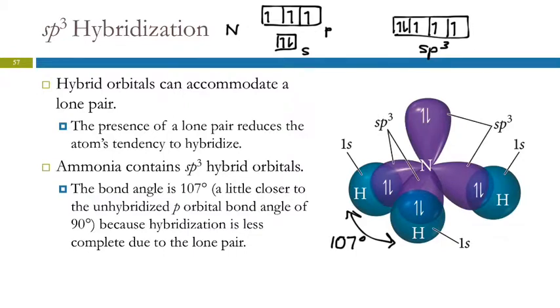A perfect tetrahedron would be 109.5. Valence bond theory explains this because it says this angle is going to be a little bit closer to unhybridized p orbitals, which would be 90 degrees, because the hybridization is not complete. It's mostly, but not all the way there, because this pair of electrons there reduces the amount of hybridization.